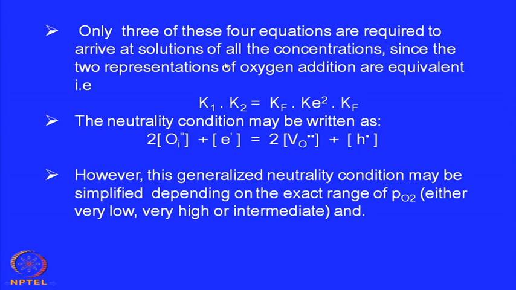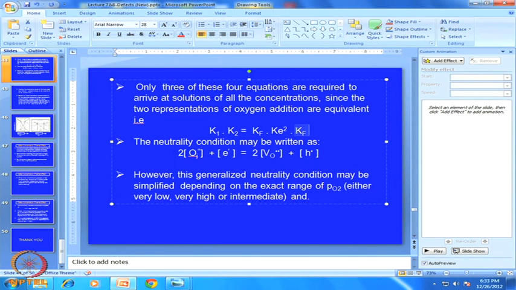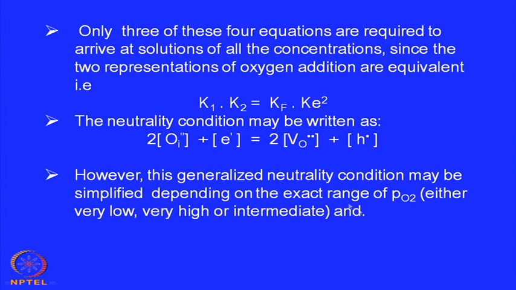Well, only 3 of these 4 equations are required to arrive at solutions for all the concentrations, since the 2 representations of oxygen addition are equivalent, that is, K1 into K2 equal to Ke into Kf square. Kf will not be there in the first form.